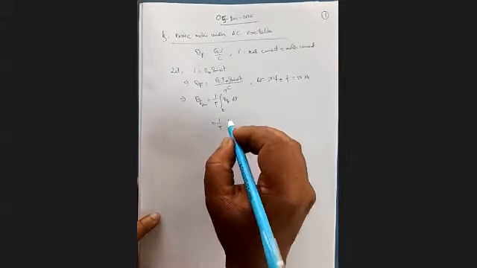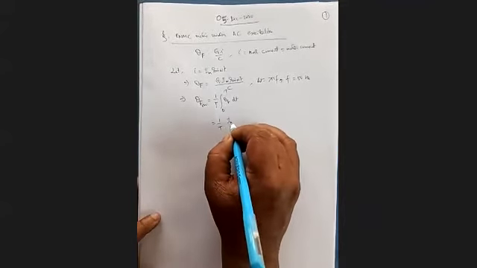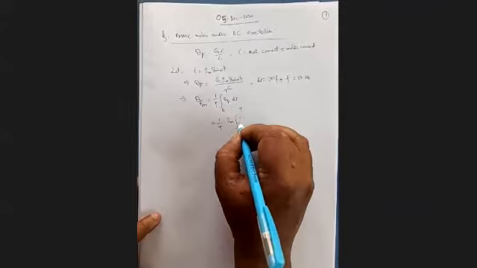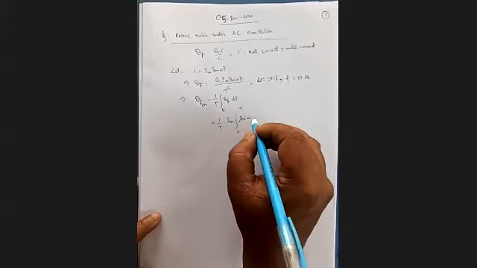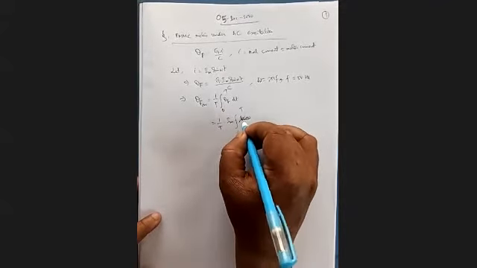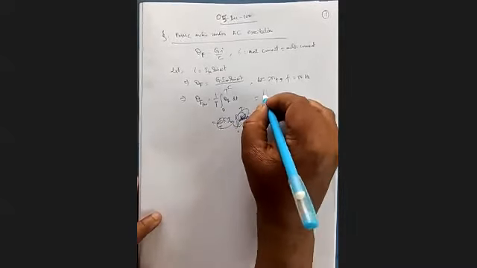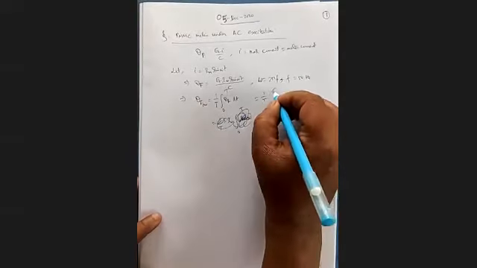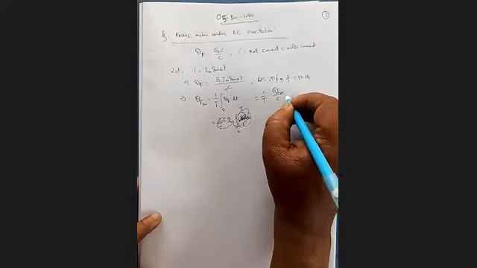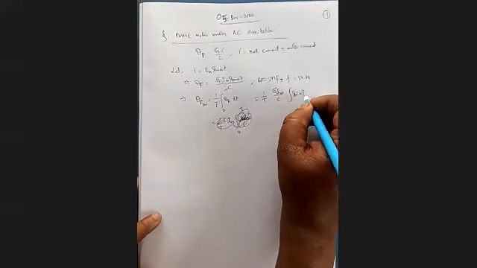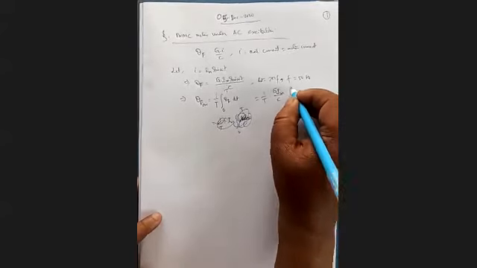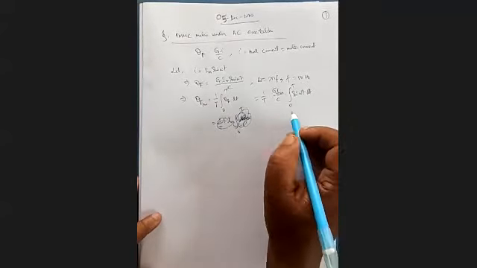Here theta f is G Im by C, then sin omega t, integration of sin omega t dt.